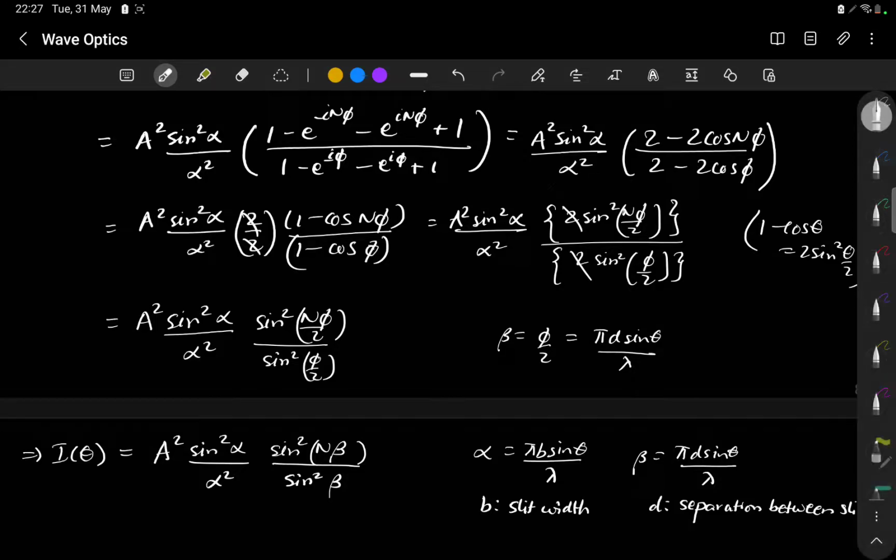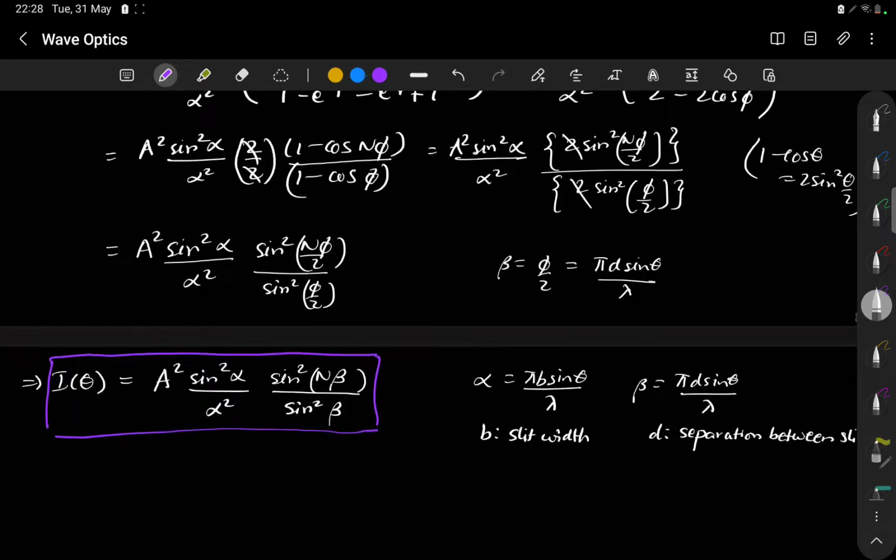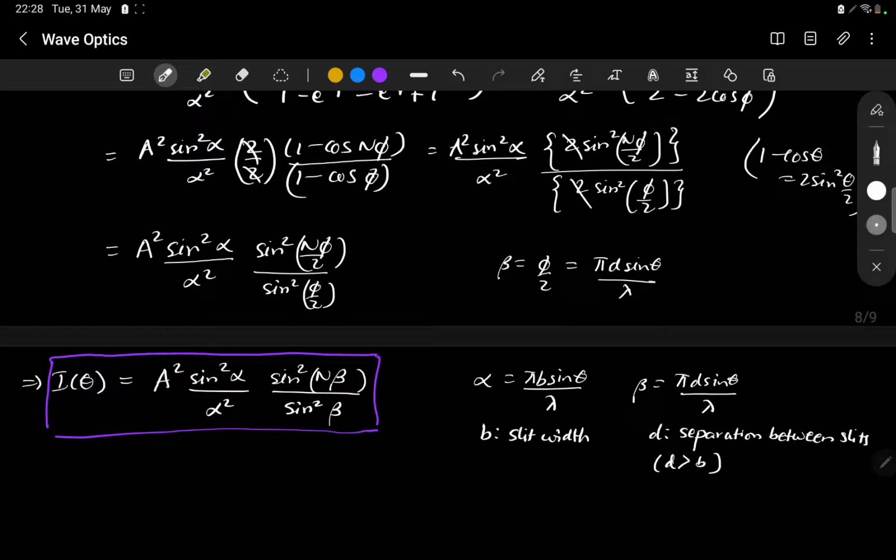So this is our final expression for the intensity on the screen. Now clearly separation between slits would be greater than the slit width, because separation between slits is slit width plus the line width.